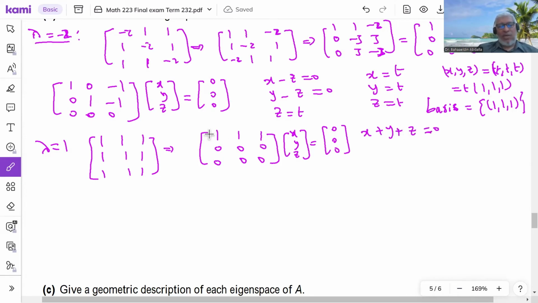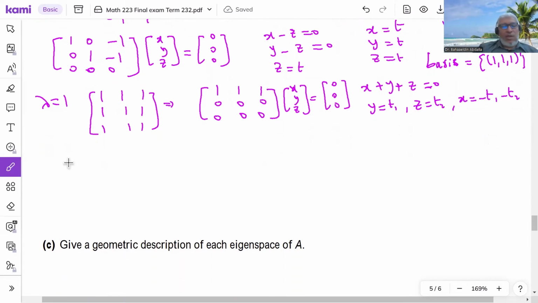And only here x is the basic variable, y and z are free variables. So I'll call y t1 and z t2, and then x would be negative t1 minus t2. And then x, y, z would be negative t1 minus t2, y is t1 and z is t2.